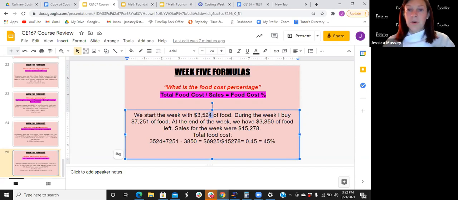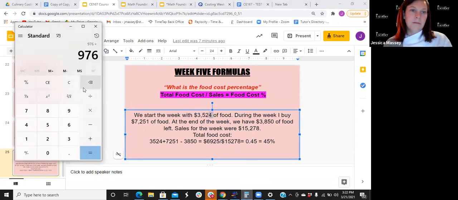So you need to figure out your total food cost first. So that is that beginning inventory, 3,524, plus how much we bought, 7,251. And then we subtract our ending inventory, 3,850.